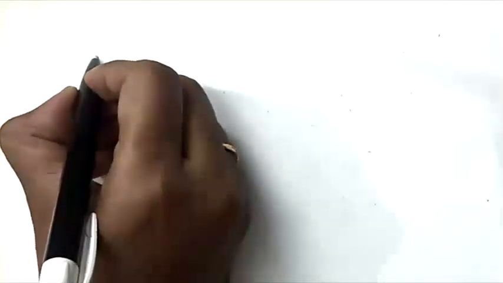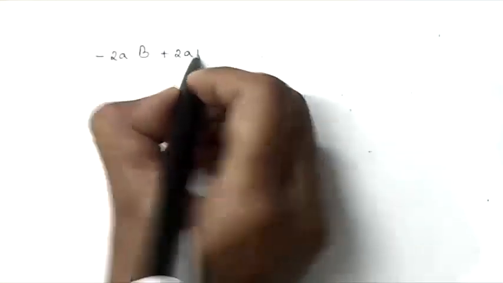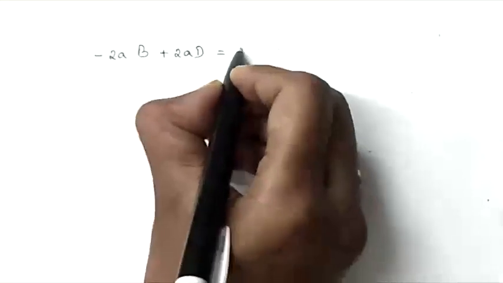So if I substitute b and d values, now I will get minus 2ab plus 2ad equal to 1.